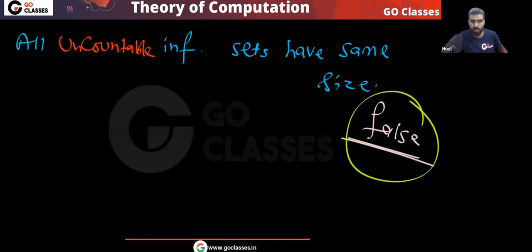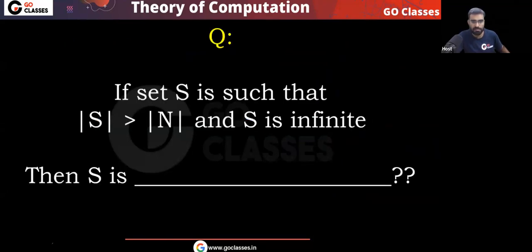Now let's move on. Tell me the answer for this question. If S is a set such that the cardinality of S is greater than the cardinality of N, then S is uncountable. Yes or no? Very simple.